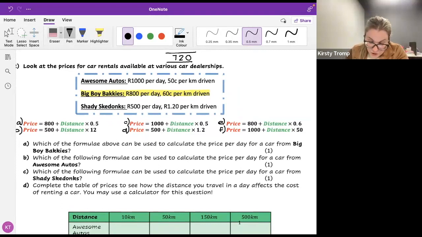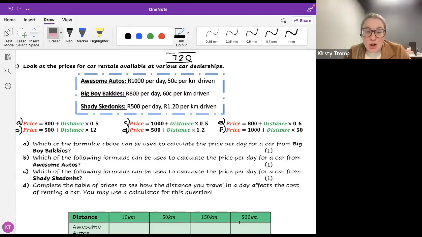So what you guys are going to do is have a look at those formulae and match the formulae to the different car dealerships. Give yourself some time and try to match them.